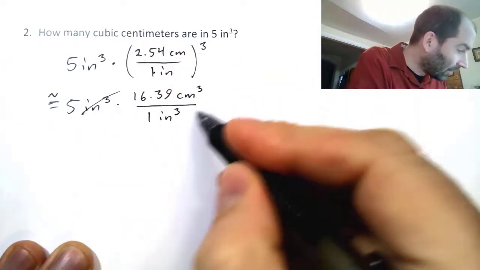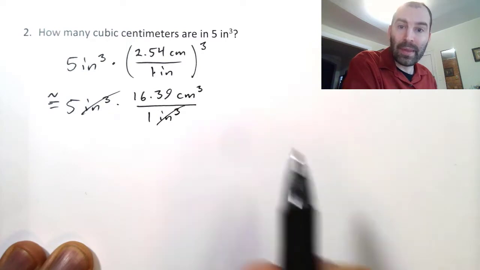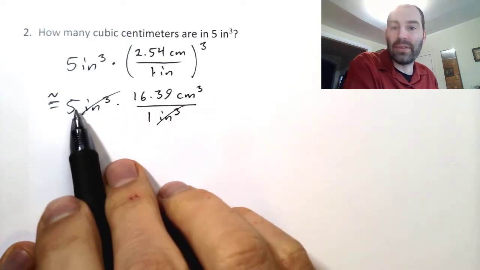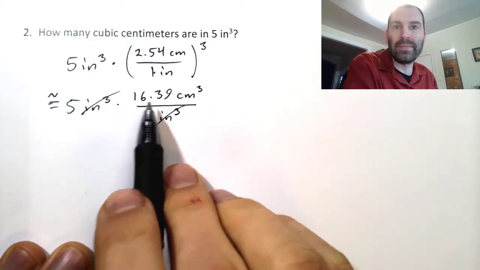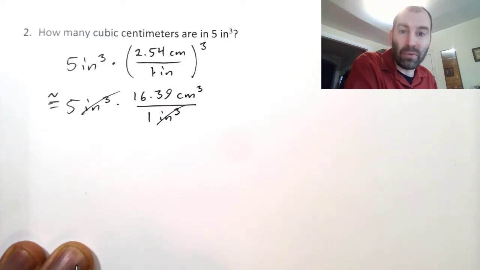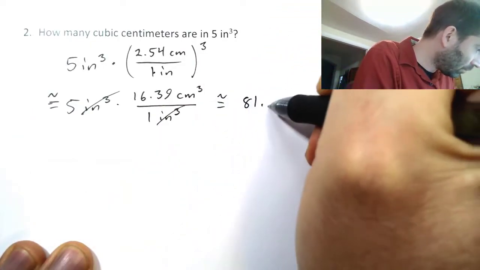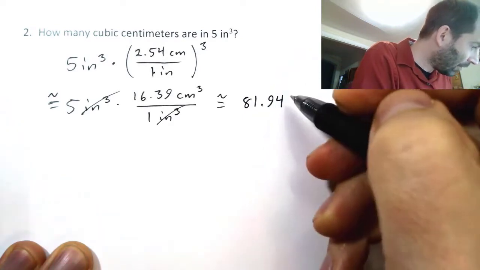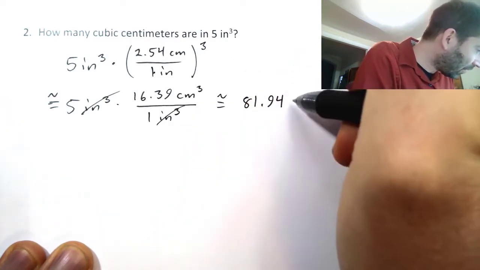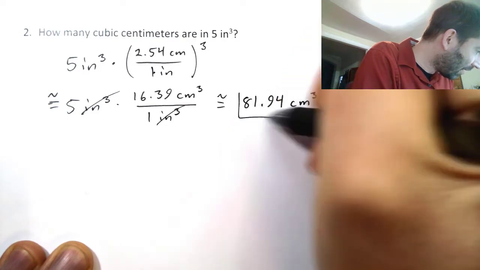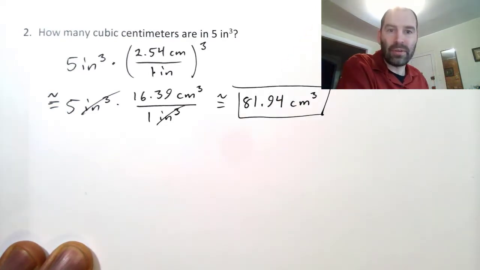I can cancel the cubic inches, and 5 times 16.39 is 81.94. And again, I'm rounding to 2 decimal places. The units that are left over are cubic centimeters. So there's our answer.